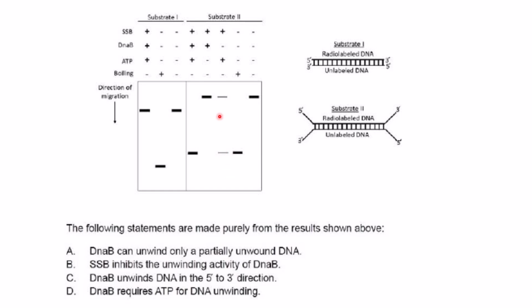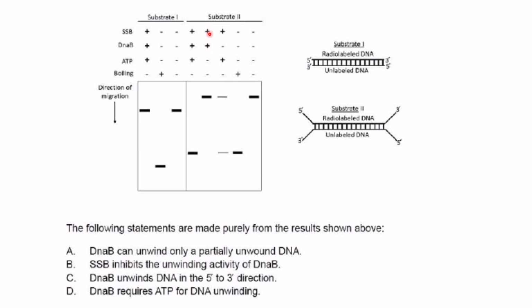That is why there is a difference in band intensity. The majority of it remains in the partially unwound condition, but a few percent has become fully unwound upon addition of single stranded DNA binding protein. Now take lane 2.